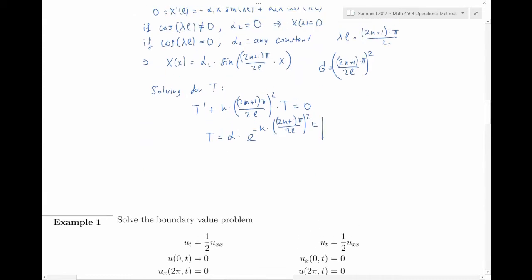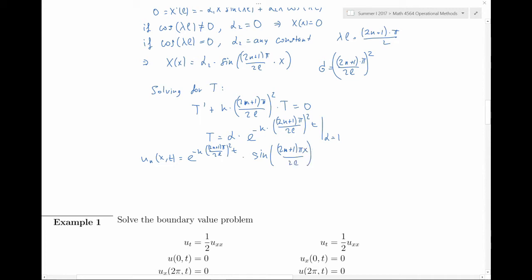which again, without loss of generality, can be assumed that alpha is equal to 1, and therefore u sub n of x, t will simply be e to the minus k times ((2n plus 1) pi over 2l) squared t times sine of (2n plus 1) pi x over 2l.